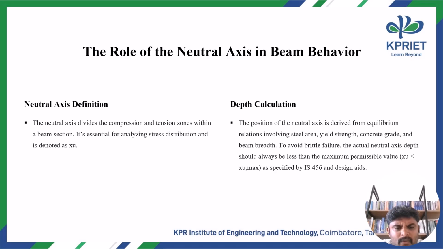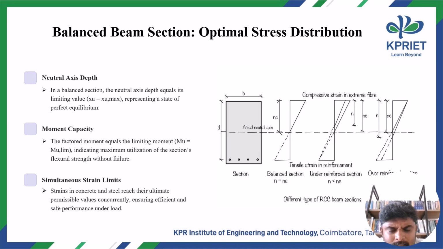And the role of the neutral axis. It is the axis lying in the cross section of a flexural member having zero stress and zero strain. This is the definition of the neutral axis. Also, there are three types of section. A balanced section means the actual neutral axis coincides with the critical neutral axis.